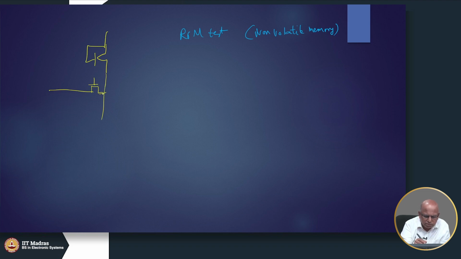But maybe this transistor was open, then unfortunately we wanted to store a 0, but we ended up storing a 1. So, even in a ROM, when we mass manufacture, there could be errors.